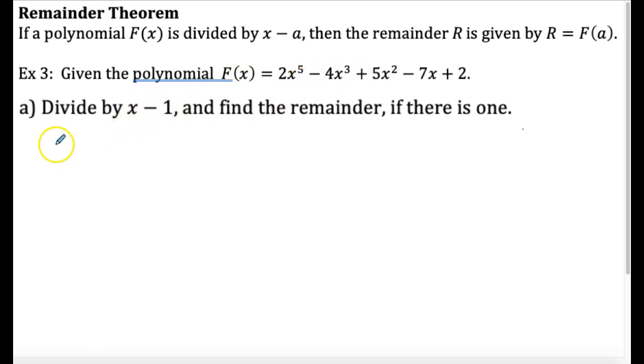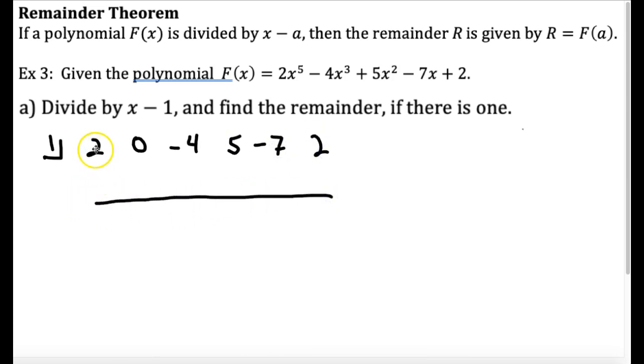So I'm going to put my factor of +1 up here and then list out my coefficients. So 2, then 0 for x to the 4th, -4x cubed, 5x squared, -7x, and 2. So go through this process.